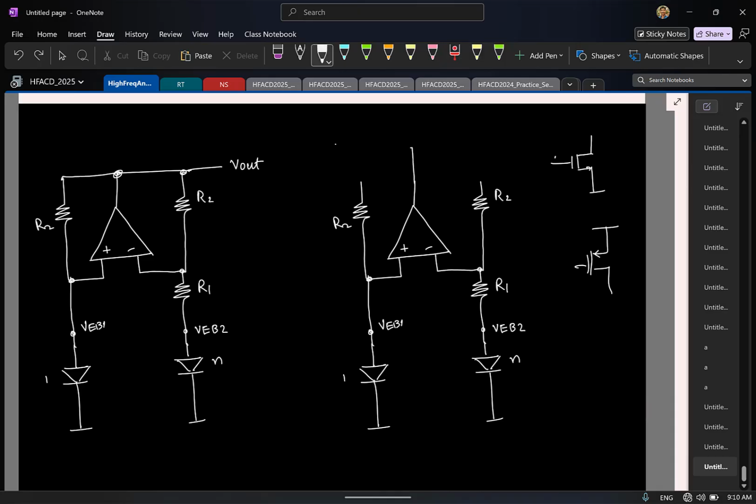So I'll do that. So I have the basic thing here. So we'll put the PMOS stage.